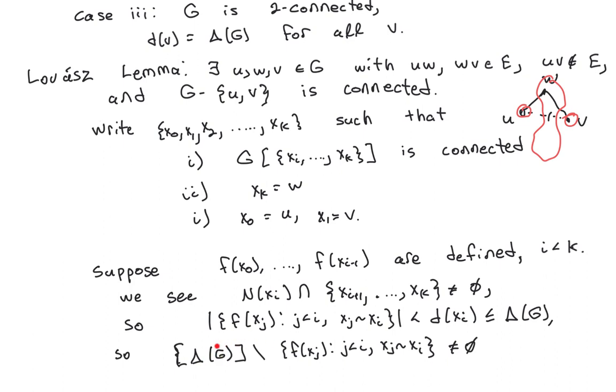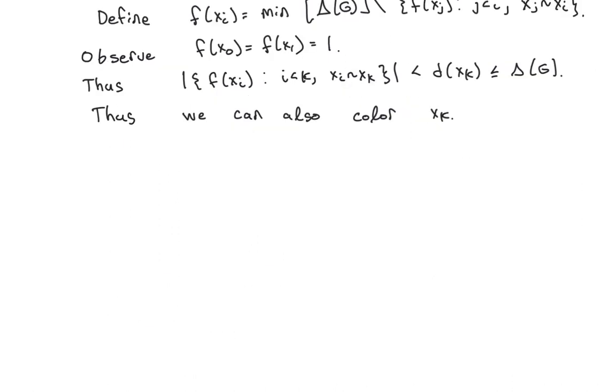The set of all possible colors, take away the colors that have been used on a neighbor of xi so far, must be non-empty. So we define f of xi to be the minimum element in this set. Now we've extended the coloring, and it is a proper coloring of the induced subgraph on vertices x0 through xi.